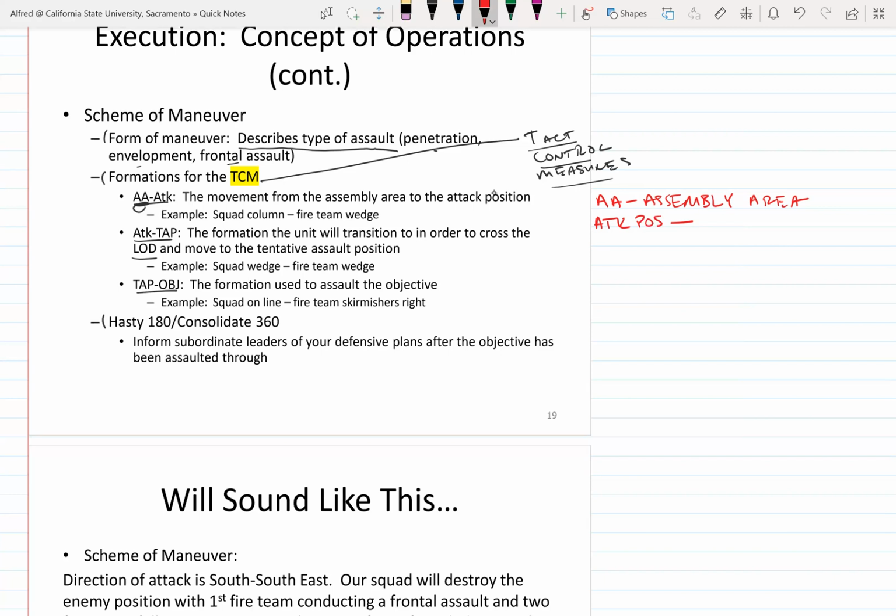Let me make sure I have my stuff together. Okay, so you do assembly, and then from the assembly, you go to the attack position, and then you meet the line of departure at some point, and they teach us that at the line of departure is where you're supposed to radio in, tell your commander, okay, we've reached the line of departure, and you ask for permission to carry on the assault, just to make sure that within the time span from you traveling from one point to the other, nothing's changed.